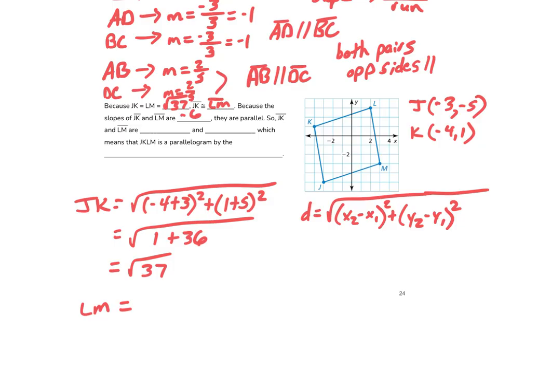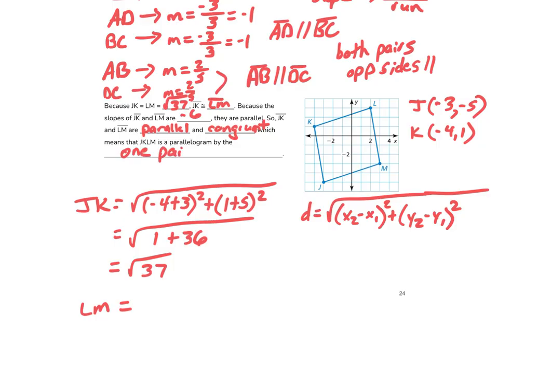So they're both parallel. They have the same slope. So we're going to say that JK and LM are parallel and congruent.